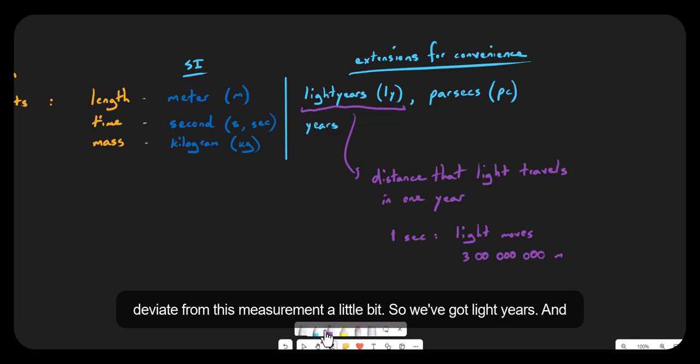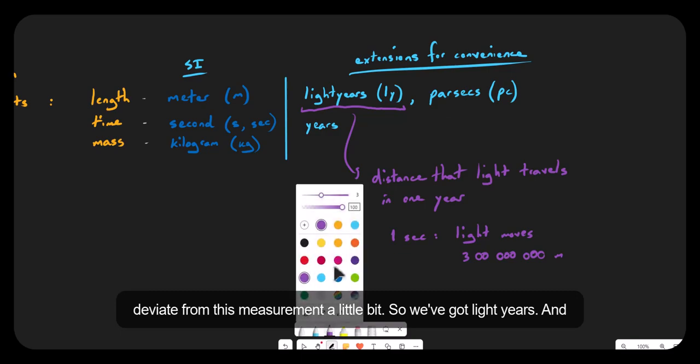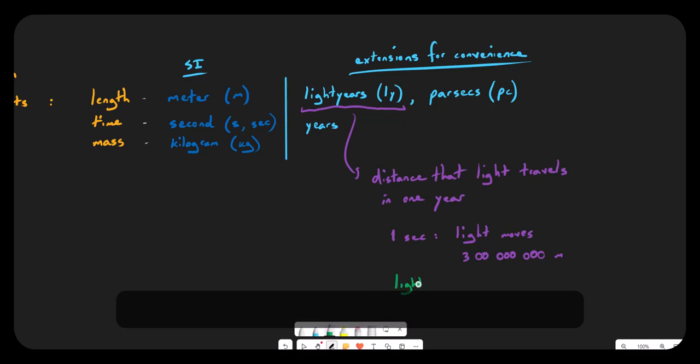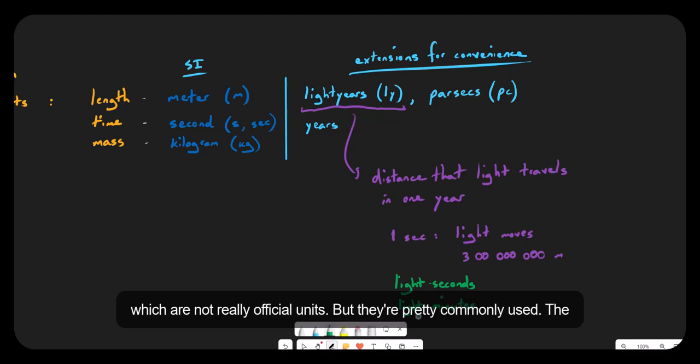We also do deviate from this measurement a little bit. So we've got light years, and then we try and be some kind of clever with it, and we'll have like light seconds, light minutes, that kind of thing, which are not really official units, but they're pretty commonly used.